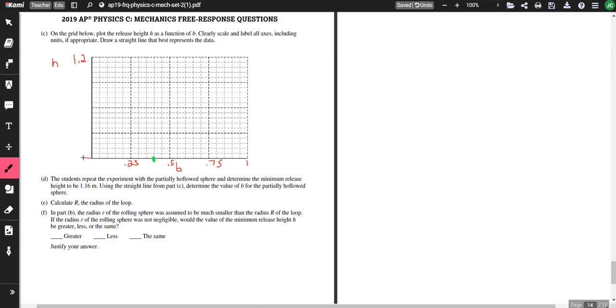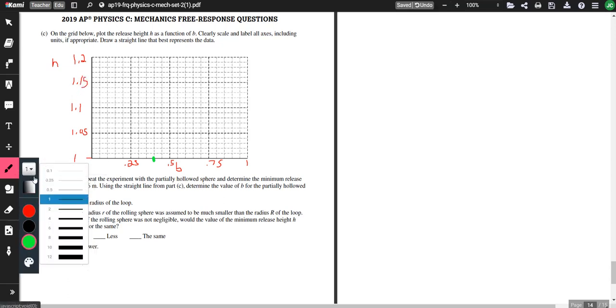So I actually want this to start at 1. And then from here, I'm going to do 1.05, 1.1, 1.15. Alright, this is going to make the line a little bit nicer.